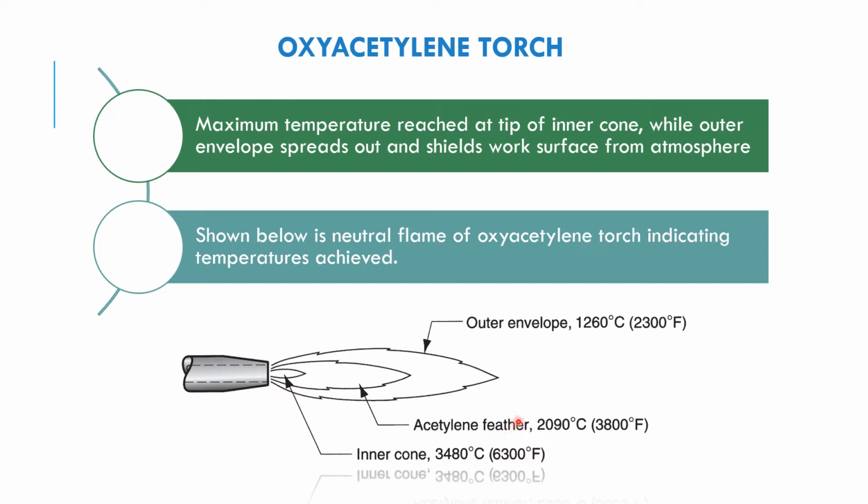It's around 2090 degrees Celsius, and the last one is the inner cone, which is around 3480 degrees Celsius. The neutral flame of the oxyacetylene torch indicates the temperature achieved, like the one presented in this picture.